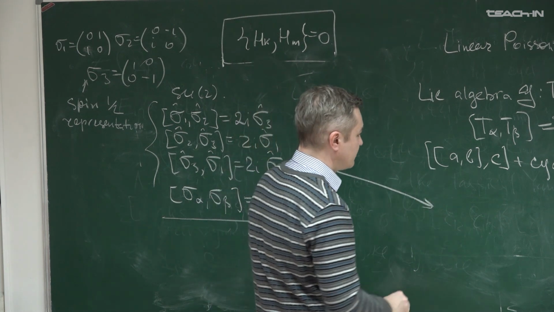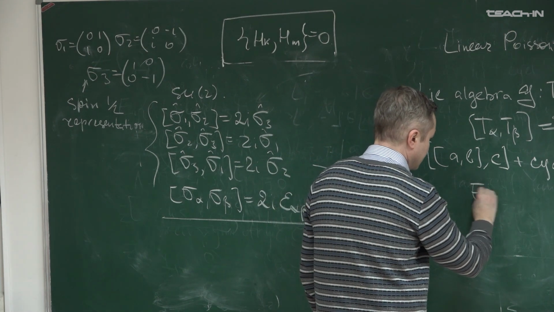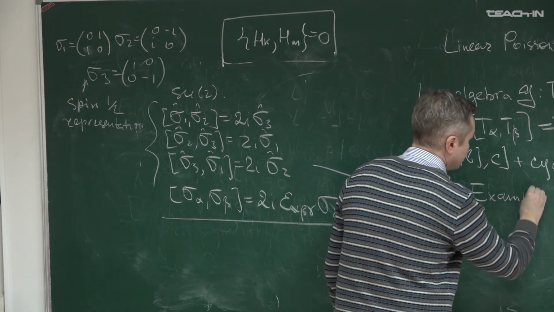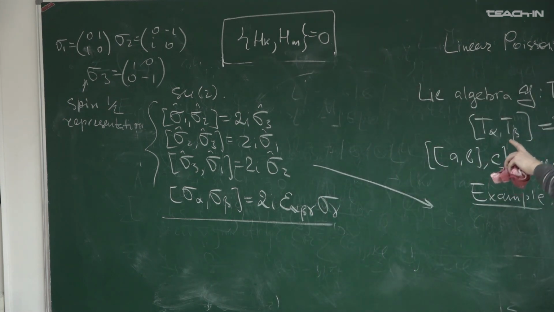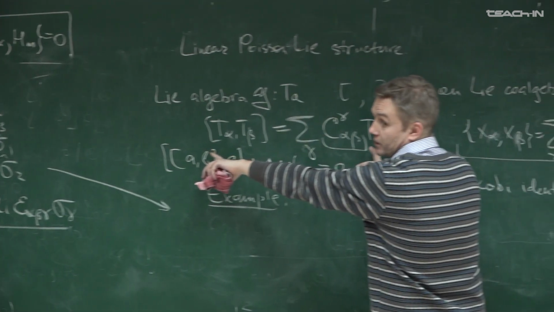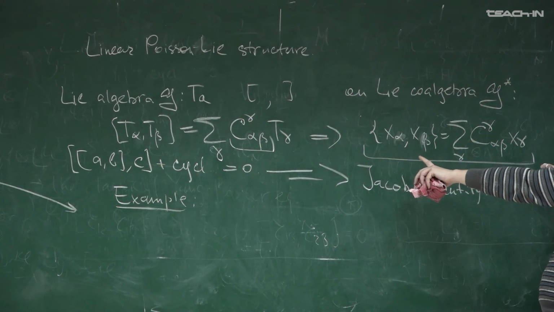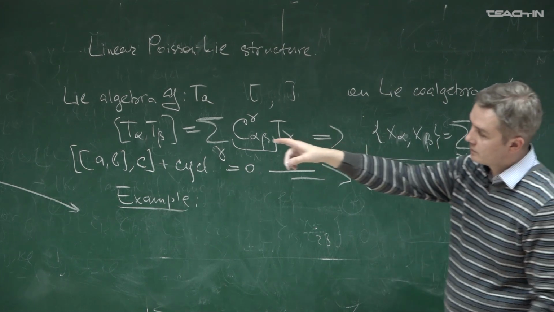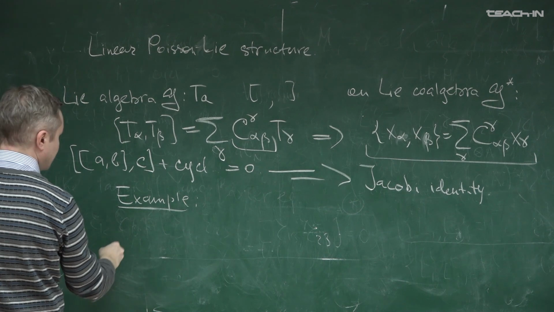The statement says that if you have some definition of a Lie algebra, then you may define Poisson brackets in the same way. So let us look at this definition of the Lie algebra and write down Poisson brackets.